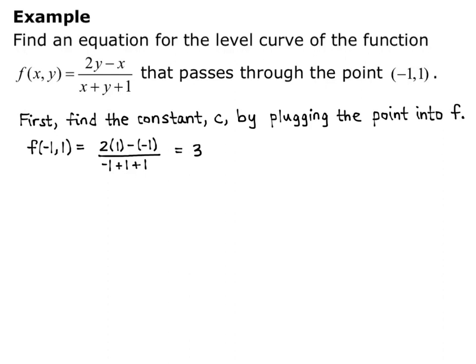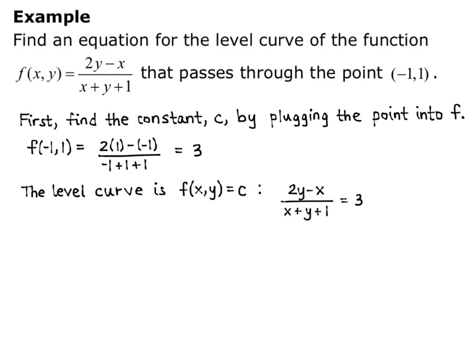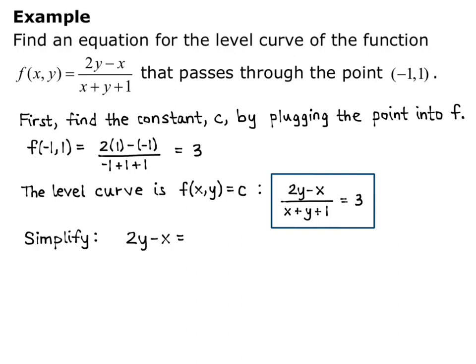Now, recall that the level curve of f(x,y) equals c. So we get (2y minus x) over (x plus y plus 1) equals 3. Now we want to simplify, so we get 2y minus x equals 3x plus 3y plus 3.